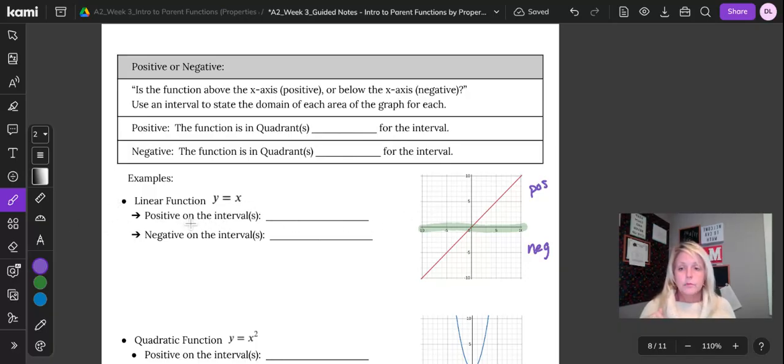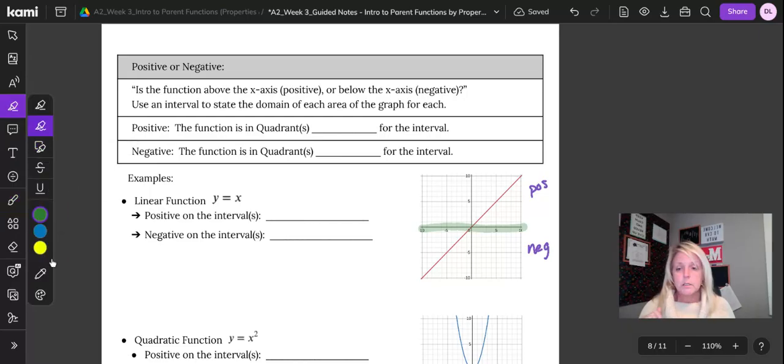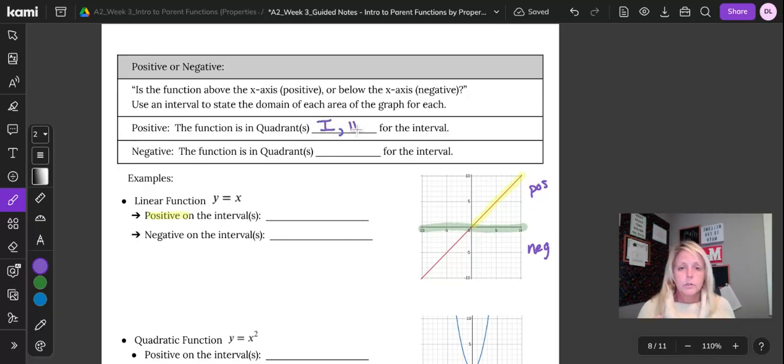So it's positive on the interval. This means when I'm looking for positive, I'm looking for above this x-axis. So that would be this section here. I skipped this part, sorry. It's positive if the function is in quadrants 1 or 2, and then it's negative if your graph is in quadrants 3 or 4.